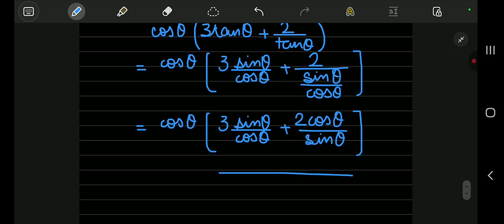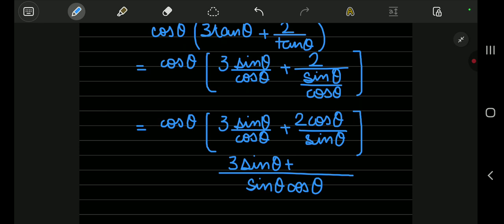So taking the common denominator, sine theta cos theta, we have 3 sine theta plus cos theta.